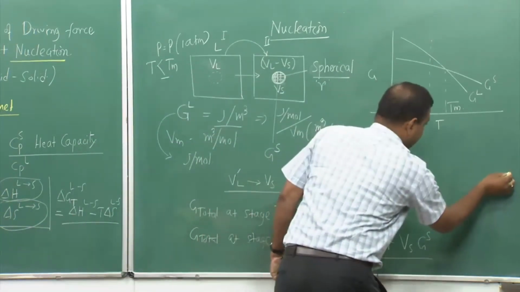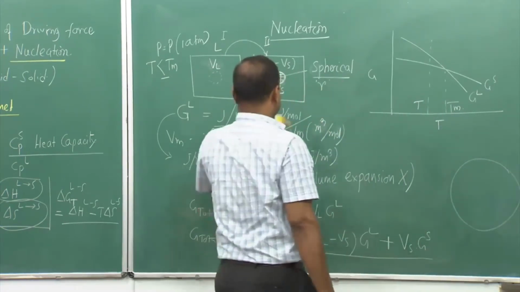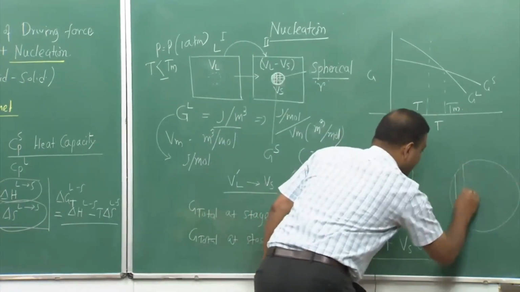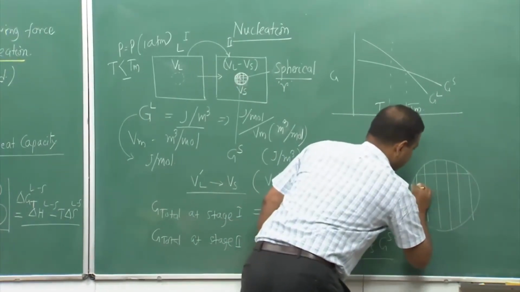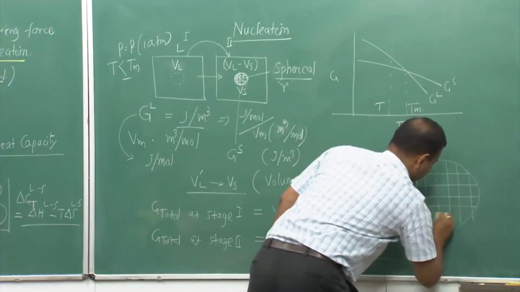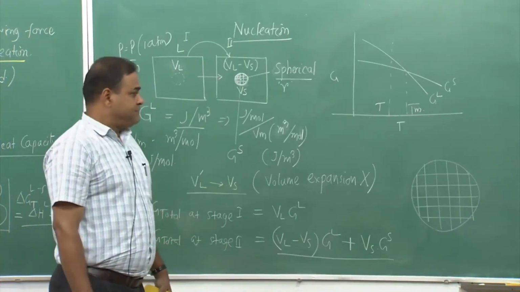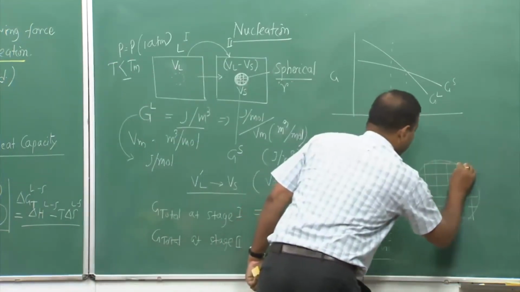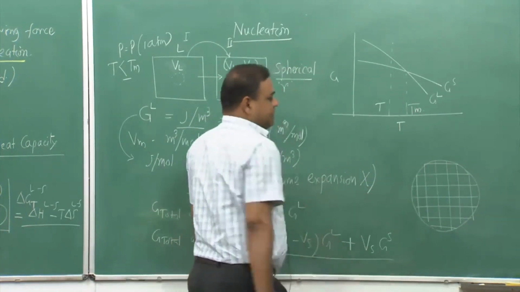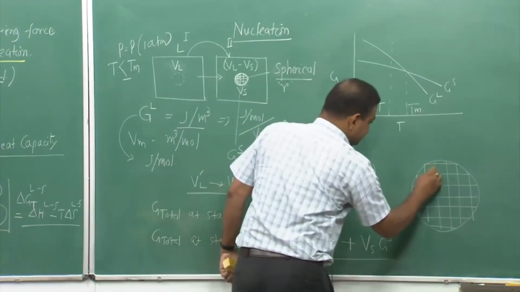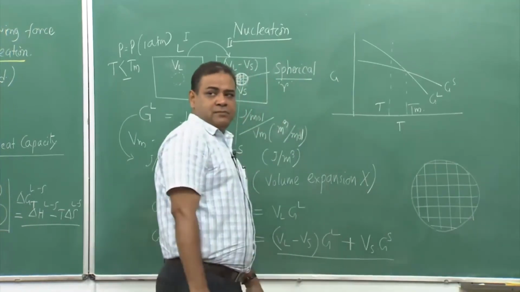Fine. Now let us blow up this particular section. This is my blown-up part. So I draw all those lattice planes of a crystal. I have drawn those lattice planes. Now, if it is a regular arrangement, and if I consider this is a 2-dimensional lattice, this length and this length both are the same.